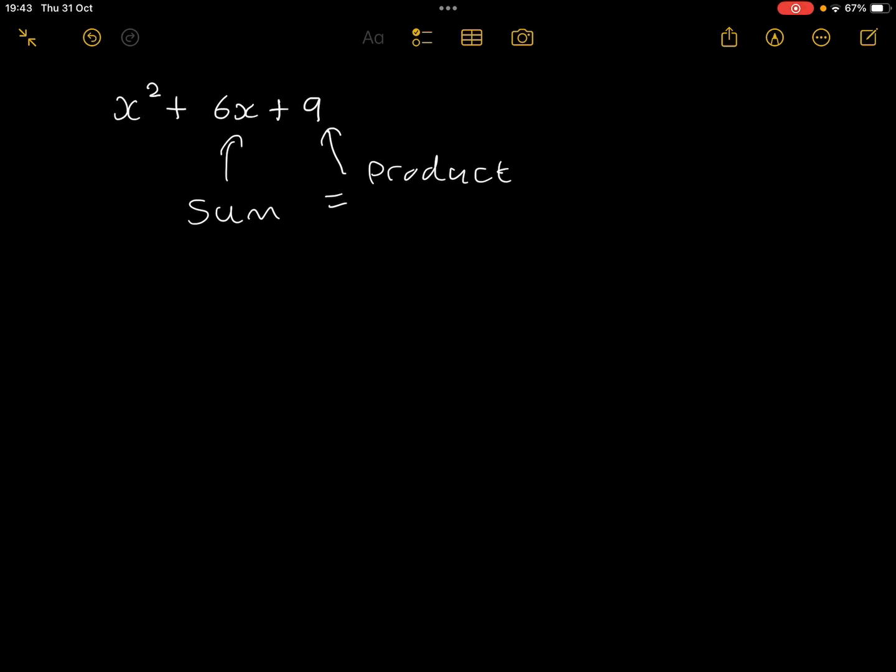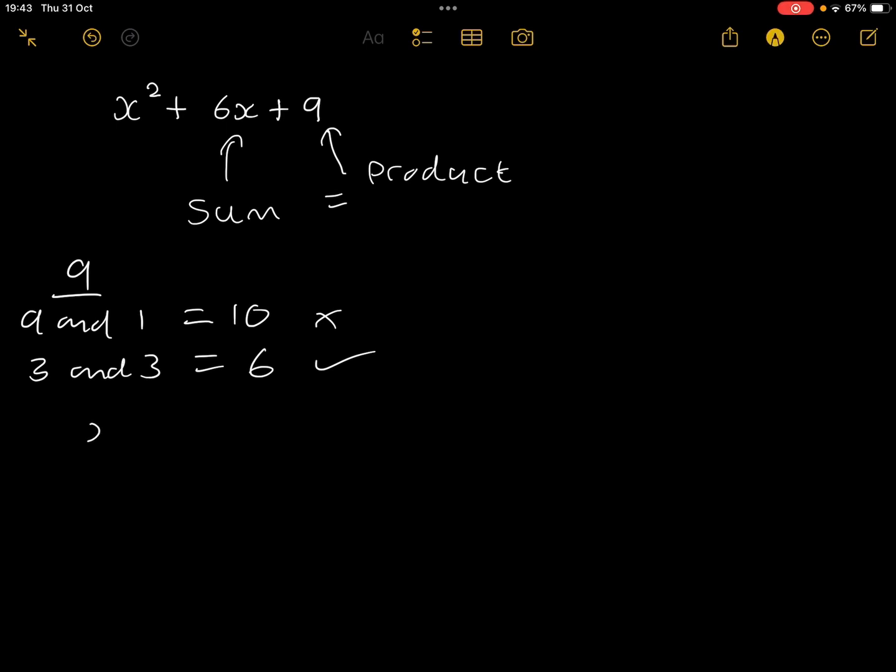So let's write our factors of 9. We've got 9 and 1, 3 and 3. 9 and 1 add to give 10, 3 and 3 add to give 6. That works, that doesn't. So we have our two factors.